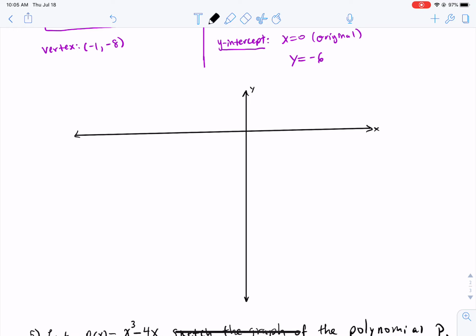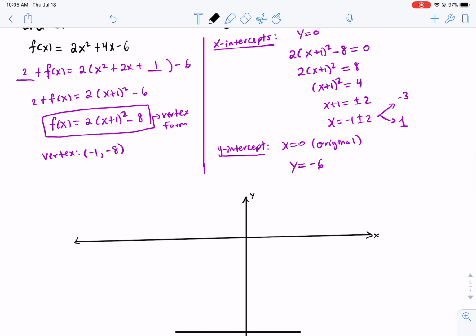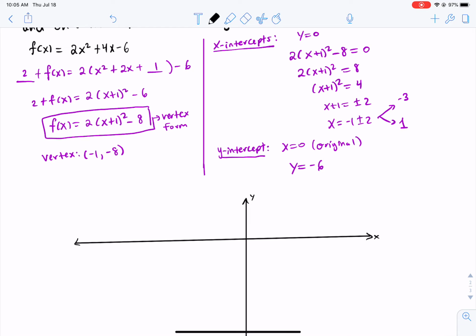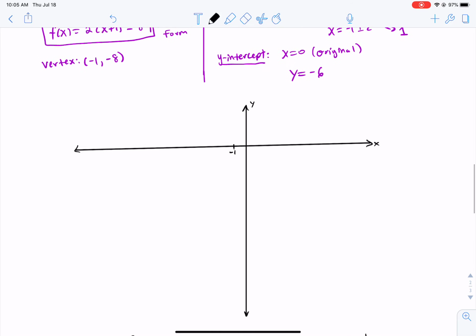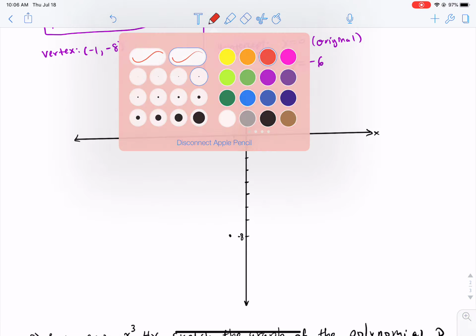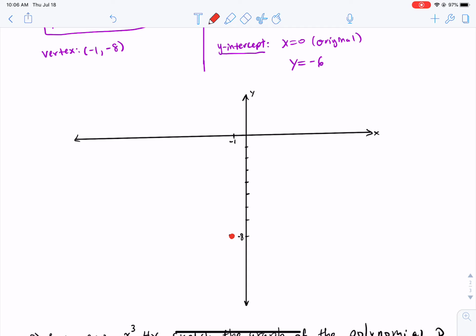What is the vertex for this one? -1, -8. So here is -1, and -8 is going to be down below: 1, 2, 3, 4, 5, 6, 7, 8. So maybe it will be a point somewhere over there. Let me put this with this color.